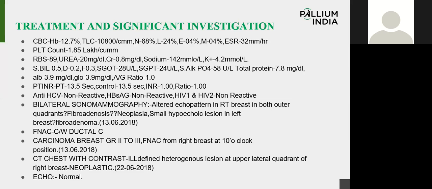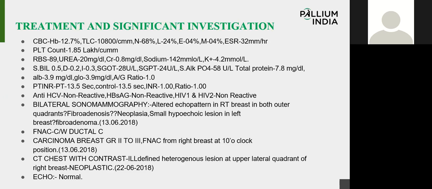Bilateral sonomammography was done. It showed an altered echo pattern in the right breast in both outer quadrants, carrying fibroadenomas, maybe neoplasia. Some small hypoechoic lesion is in the left breast, carrying fibroadenoma. It was initially the second week of June, and the patient came to me in the first week of June, and FNAC suggested ductal carcinoma, grade 2 to 3, from the right breast at the 10 o'clock position.